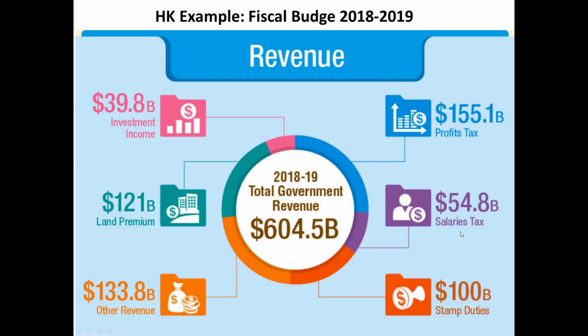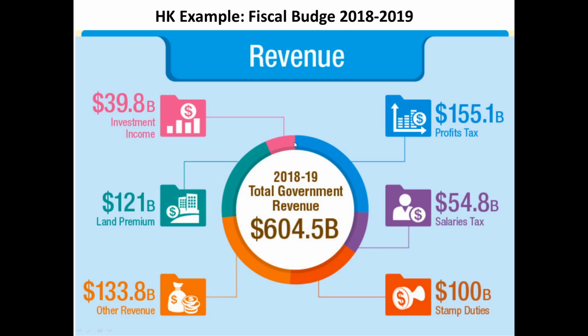Yeah, people like me, the labor, the workers. They pay salary tax. And for stamp duties, sometimes when you are buying stocks, you have to pay stamp duties. When you are buying properties, you have to pay stamp duties. That is just another kind of tax. So on the right hand side, that is just tax.